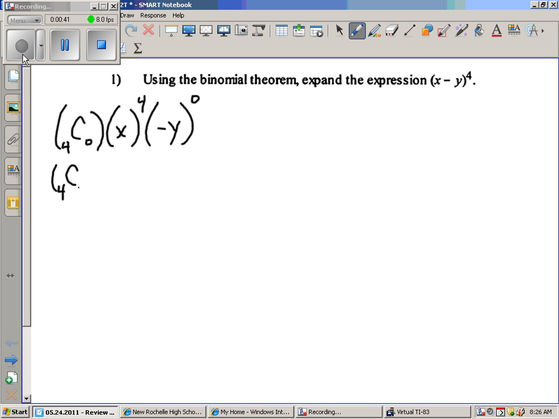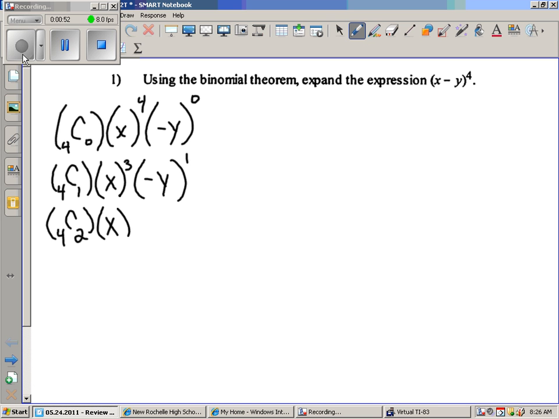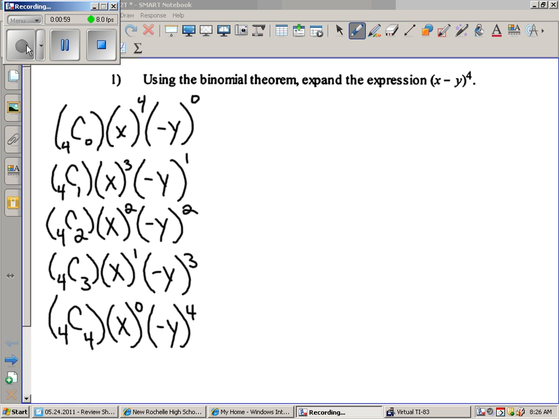And then it goes 4C1, x to the third, negative y to the first, 4C2, x squared, negative y squared, all the way down to the bottom. So there you go. That's what you do.